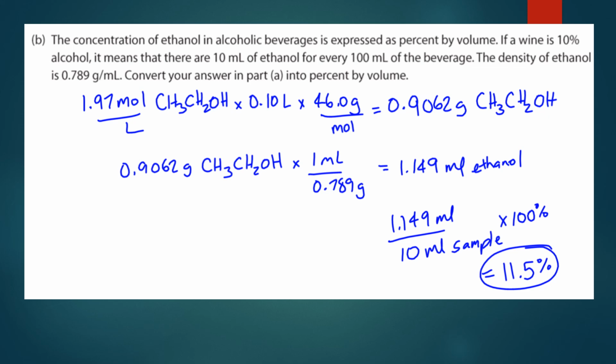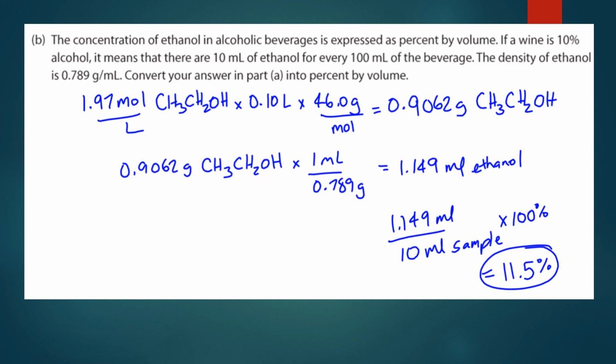So again, this is a stoichiometry problem that you might have seen in a grade 11 class, but it's a nice application of how we can use this. We take our concentration of the ethanol, multiply by the volume, and then multiply that by the molar mass. So we can figure out how many grams of ethanol we have, because we're given a density in grams per milliliter.